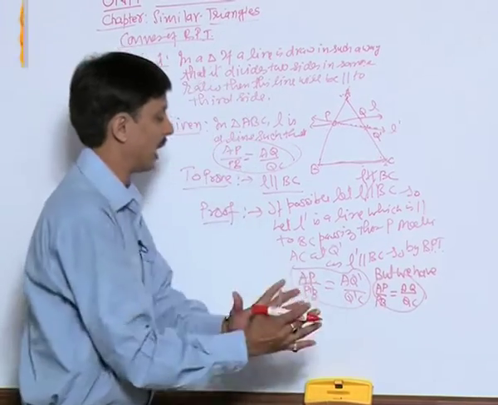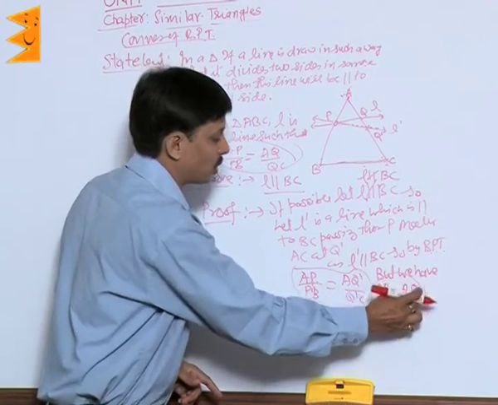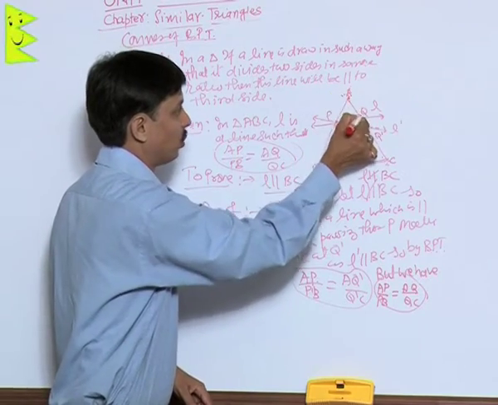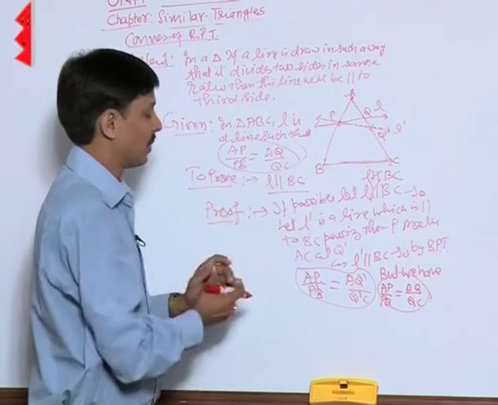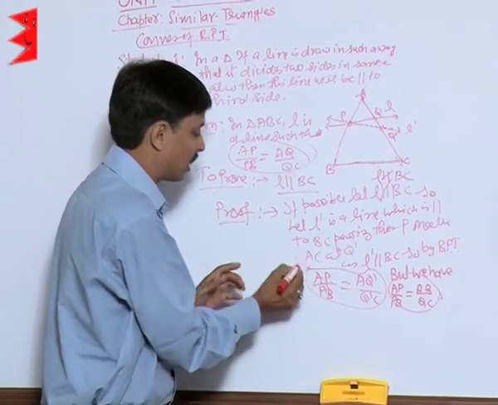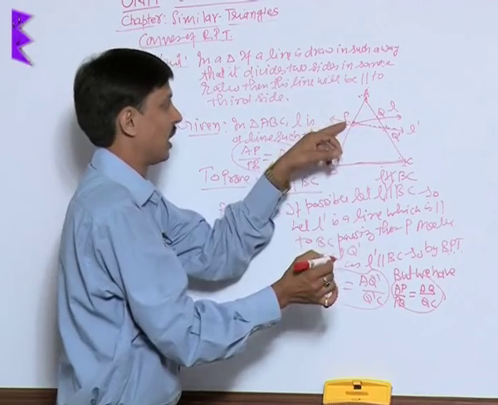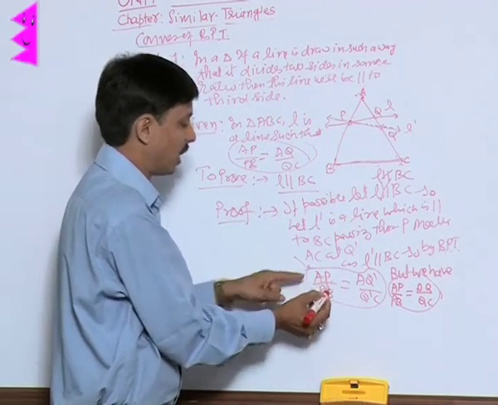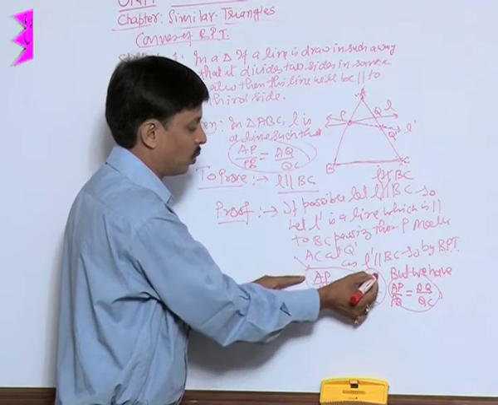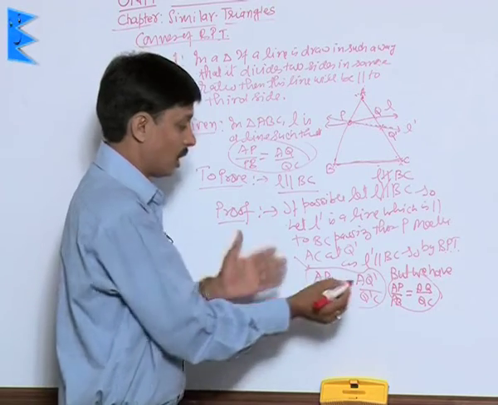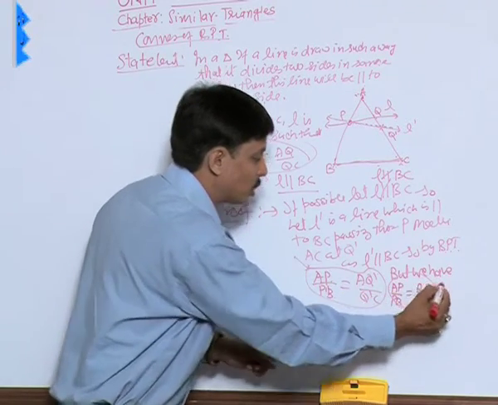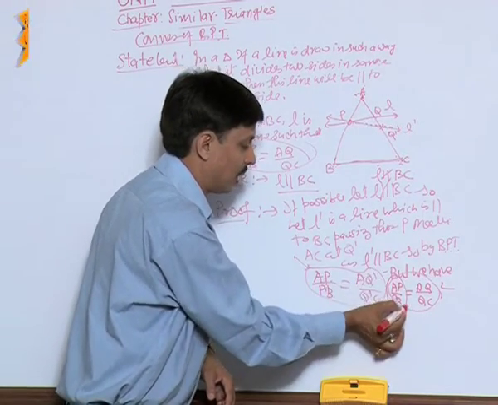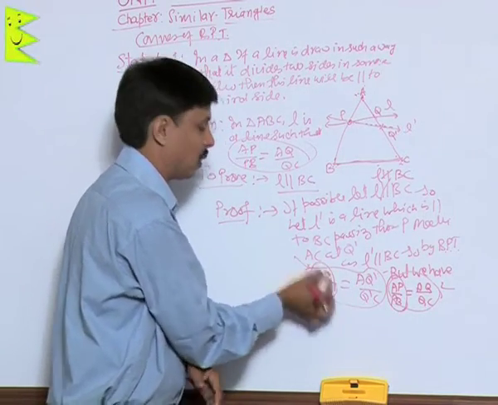Now we have AP upon PB equal to AQ upon QC as per the given, and under the assumption that L dash is parallel to BC, using BPT we obtained AP upon PB equal to AQ dash upon Q dash C. If I combine these two results, the left-hand side of both is the same, AP upon PB.